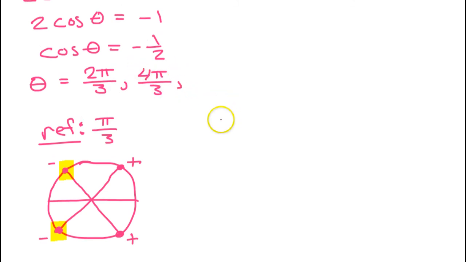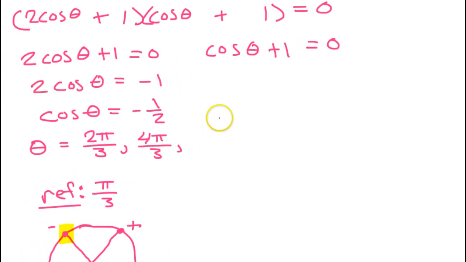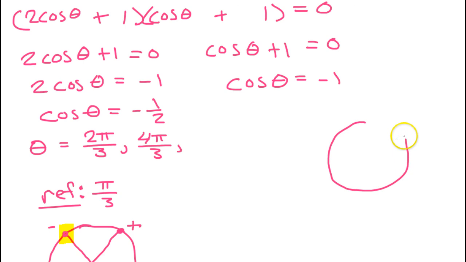All right, but there's more, because we also have the cosine plus 1 equals 0. So let's solve this guy. Subtracting 1 from both sides will give me cosine theta is equal to -1. So this is a quadrantal angle type situation. So let's go ahead and diagram that.